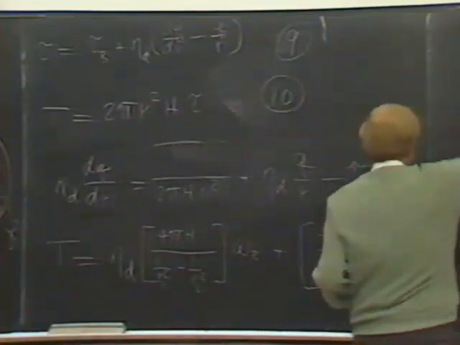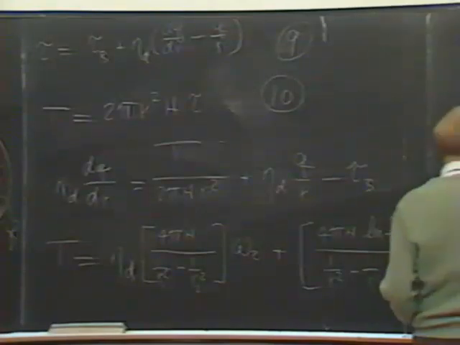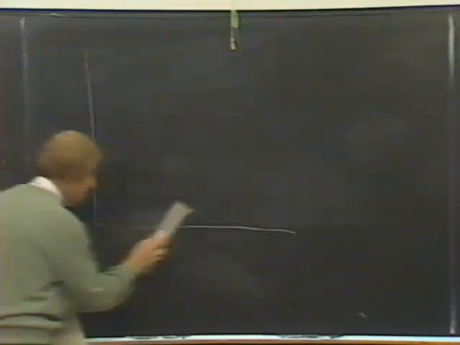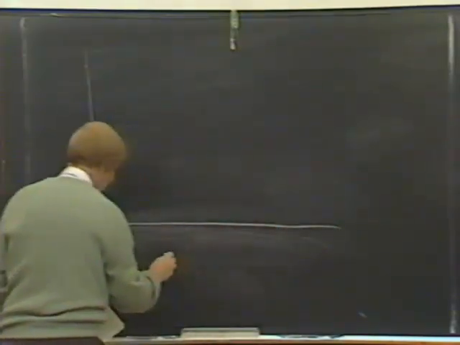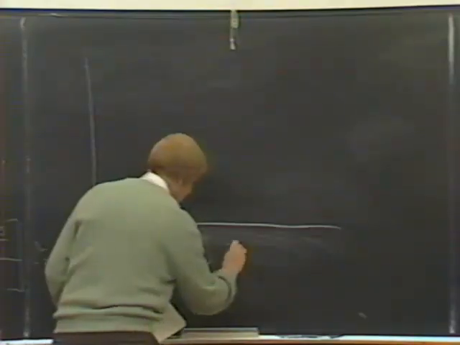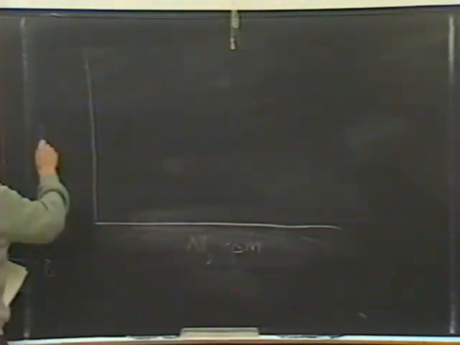So in our apparatus, what we actually put into the machine is N, or RPM. And we measure a dial reading.